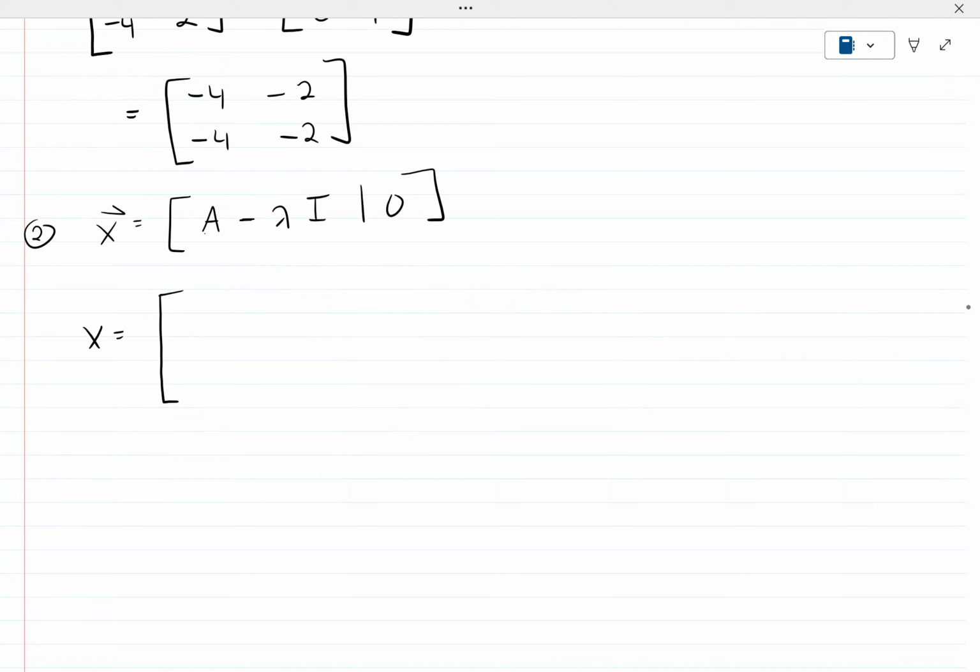So what is A minus lambda I? It is going to be -4, -2, -4, -2 augmented with 0.